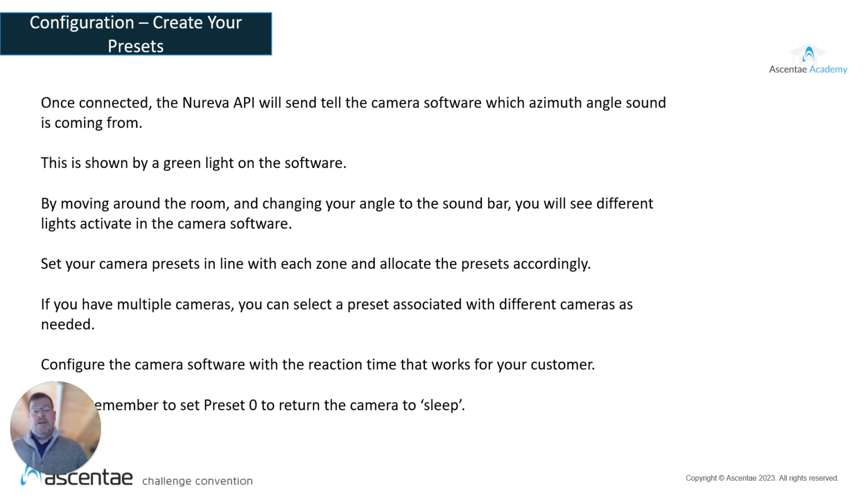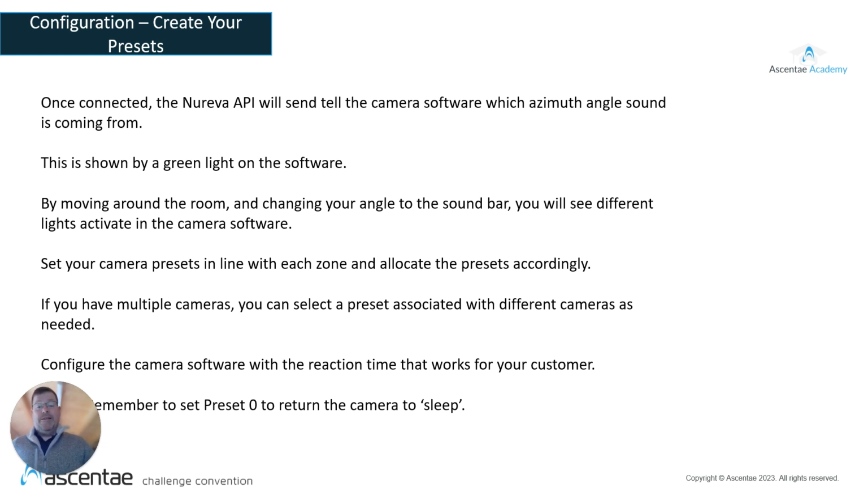Follow the instructions within the camera director software to align the camera to each of the 8 sections if you want to use all 8. If you have multiple cameras, you can also configure the software to switch if a camera has a better view of a particular zone. Now, this does take some time to finesse, but it is worth the effort.